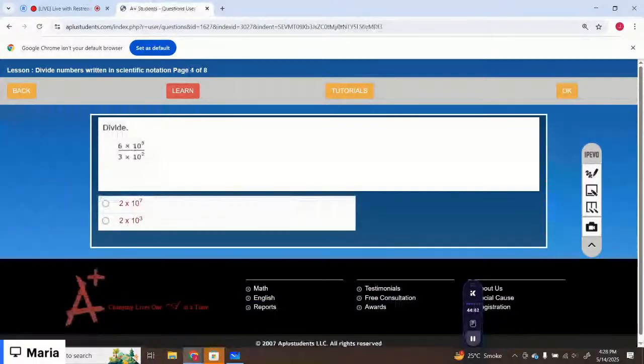6 times 10 exponent 5 divided by 3 times 10 exponent 2. That would be 2 times 10 exponent 3. Option number two is the correct option.